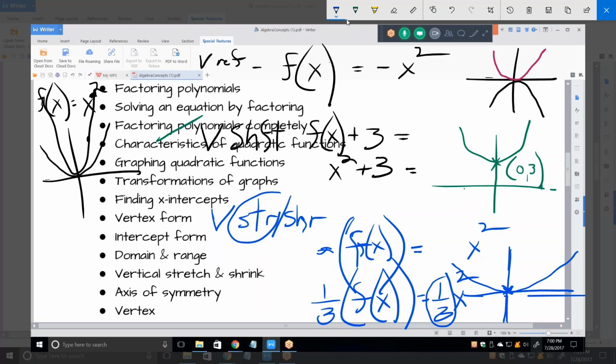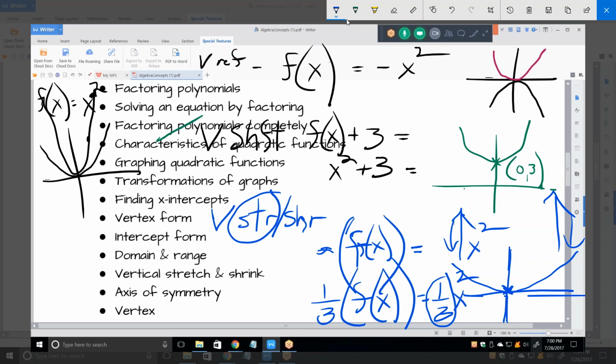Stretch, stretches it. Shrink, shrinks it. Shrink has the effect of pushing down on these endpoints. Stretch has the effect of stretching up on those endpoints. So stretches and shrinks, vertical ones, change the shape of the parabola.